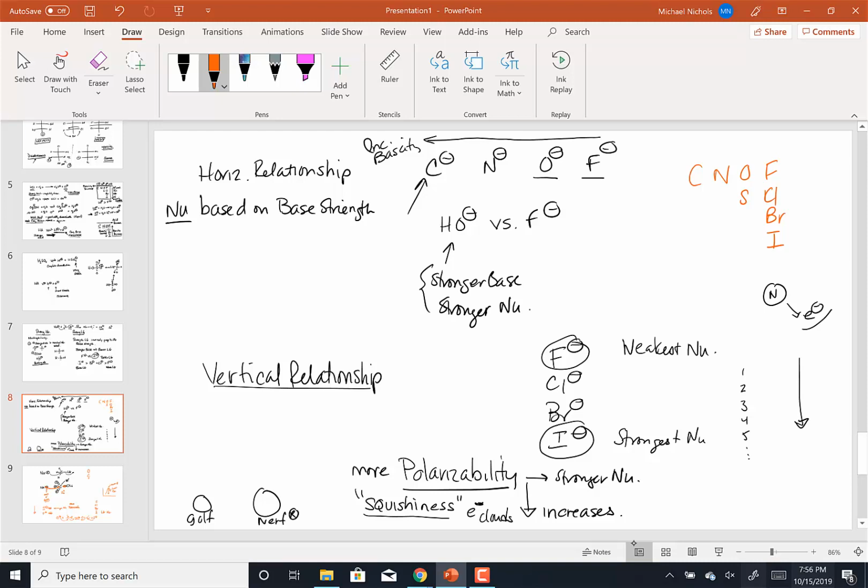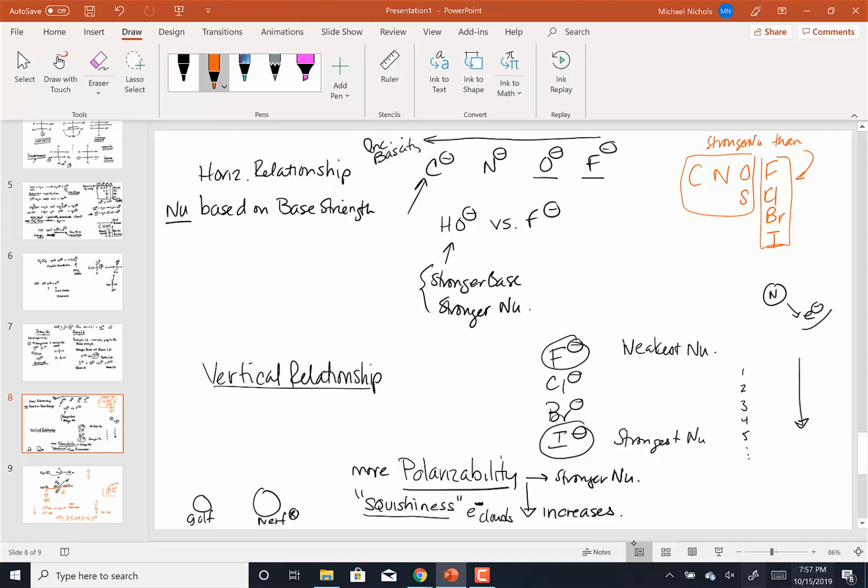Okay. Here's how we're going to classify things. We're going to say that the C minus, N minus, O minus, S minus are always going to be stronger nucleophiles than any of the halogens.